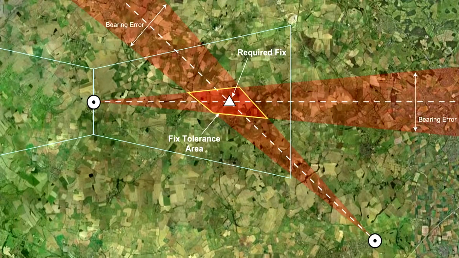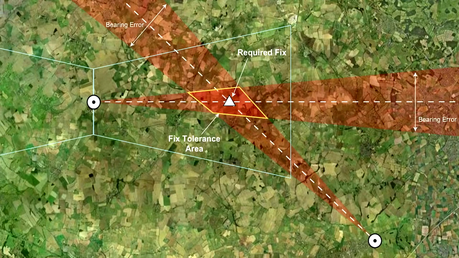Fixes and points used in designating approach procedures include, but are not limited to, the initial approach fix, IAF, the intermediate fix, IF, the final approach fix, FAF, the holding fix, and where necessary the missed approach point fix, MAPT, or the turning point, TP.